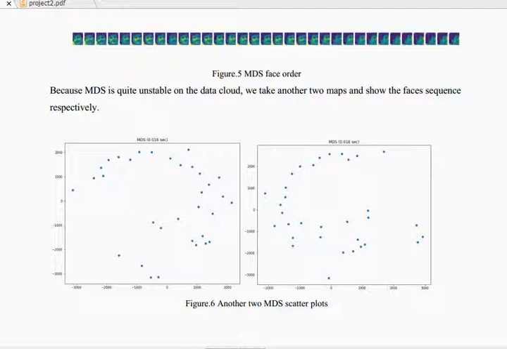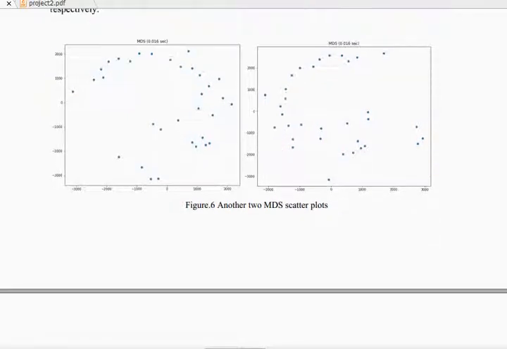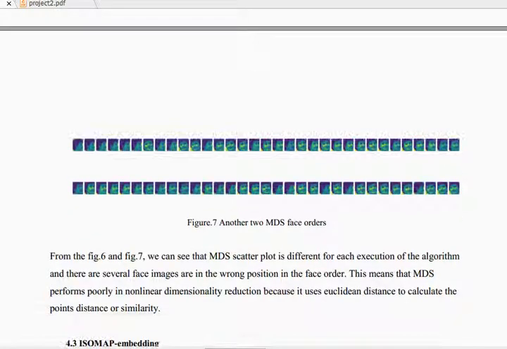You can see after every calculation, the result is different, and we got other face orders. You can see there are several face images in the wrong position.